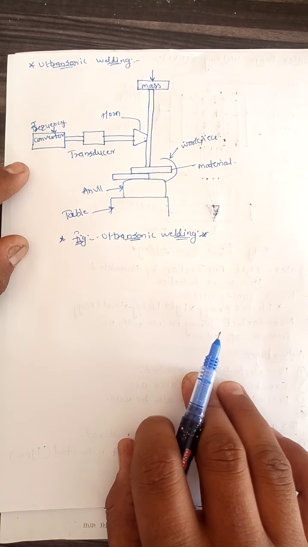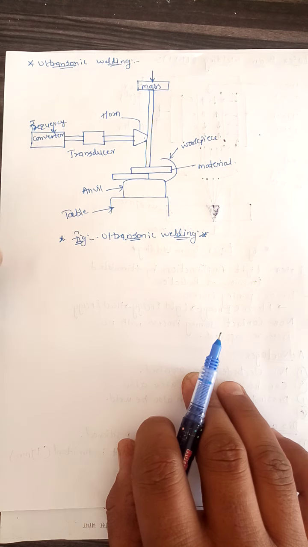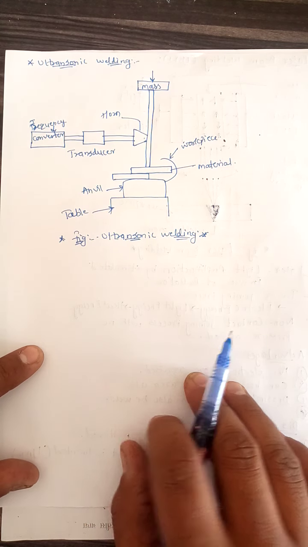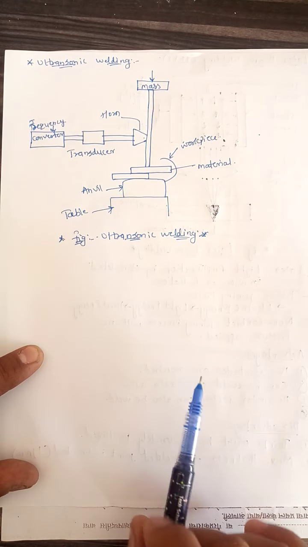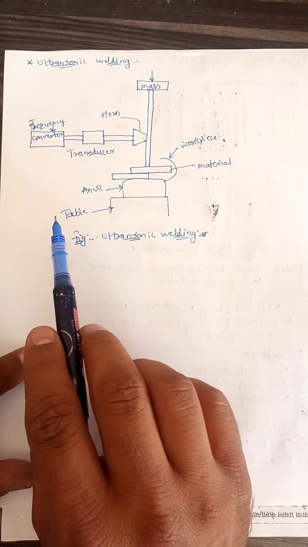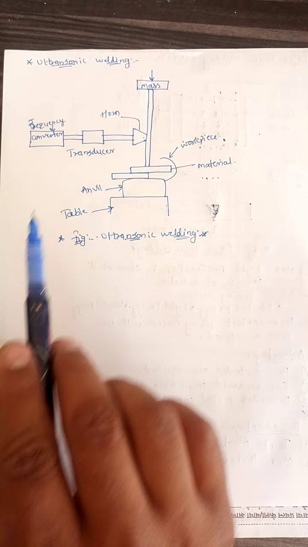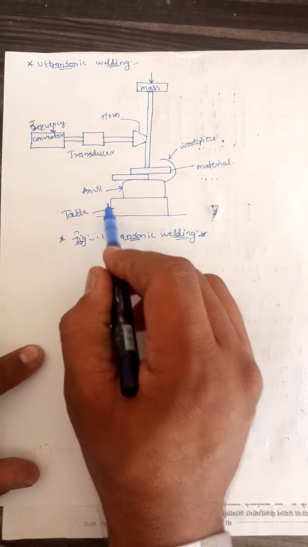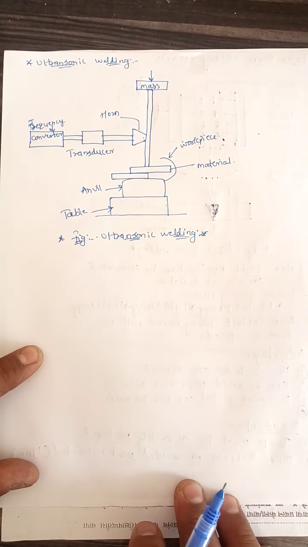The transducer creates vibration, and the horn produces heat. Then there is the workpiece. The material used in this ultrasonic welding is plastic. This is the anvil to support the workpiece that should be melted. Then this is the table on which the process is carried out.